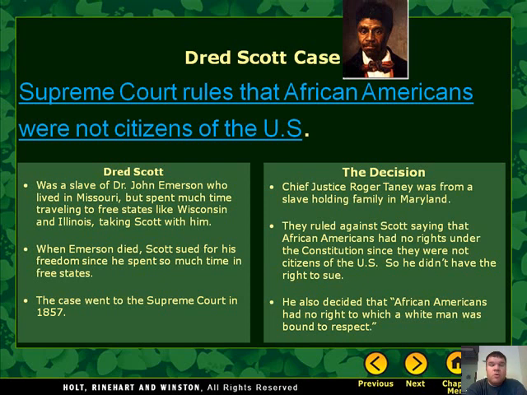And so the Supreme Court rules that African Americans were not citizens of the United States in 1857. And again, this creates a bigger separation between North and South. Southerners had been saying, oh, slaves are just property, they're our property like a chair is our property. While the Northerners started to see them more as human beings, as people, and the institution of slavery as being old-fashioned. So this separation between North and South continues to increase.